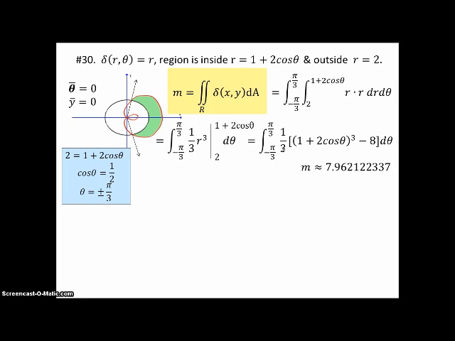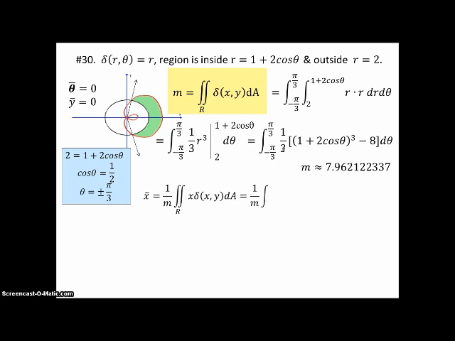Now notice that theta, the average theta, is going to be in the middle, 0, because as you move out, the r is going to vary the same way above the x-axis as below the x-axis, and therefore y bar is also going to be 0. And again, if you don't trust your intuition or your logic, you can always go ahead and use the formula. But we'll skip that and go on to the formula for x bar.